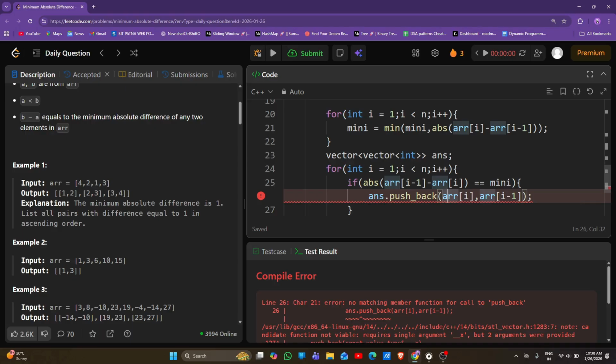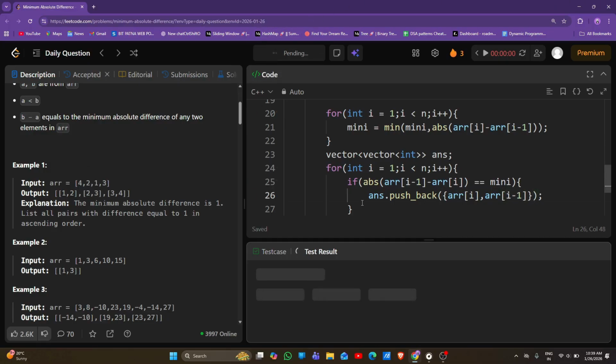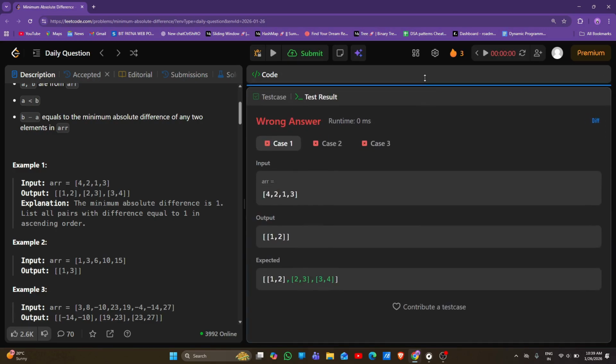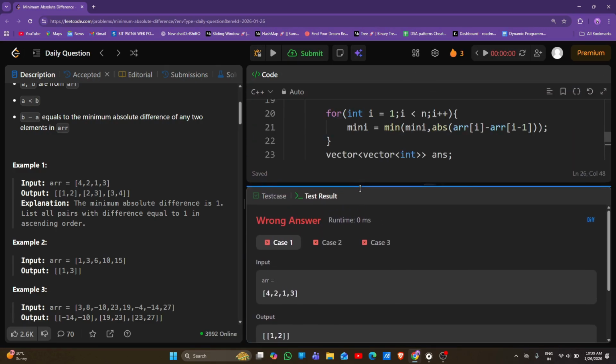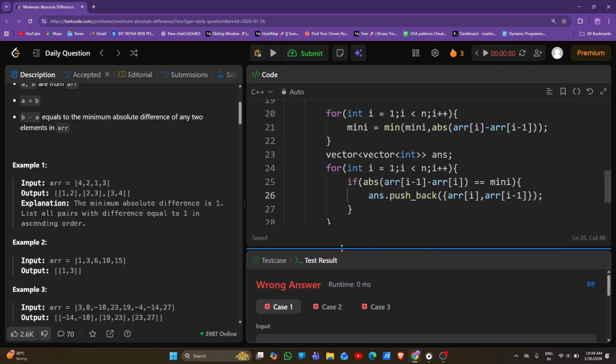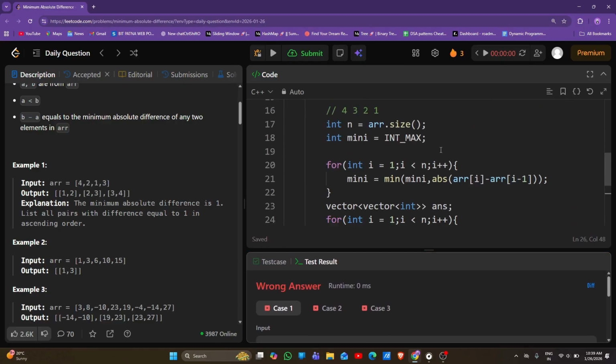Here we are pushing in the form of pairs. What's the mistake we are making? Oh sorry, we have not sorted the array. It is a key part, so don't forget to do that.